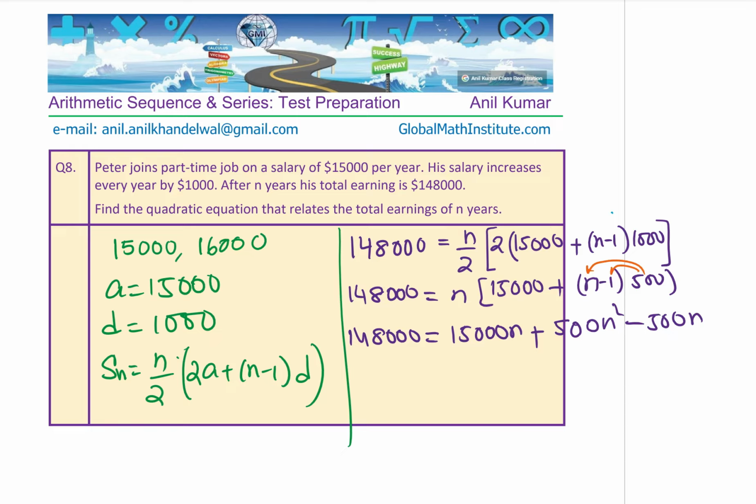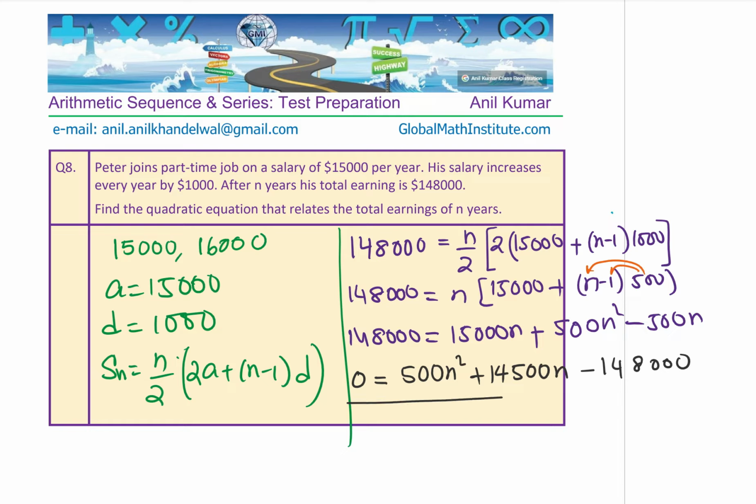You see that. Bringing all the terms together, we have 0 equals, rearrange them, 500 n square plus 15,000 n minus 500 n, which can be combined, correct? So 14,500 n and minus 148,000.